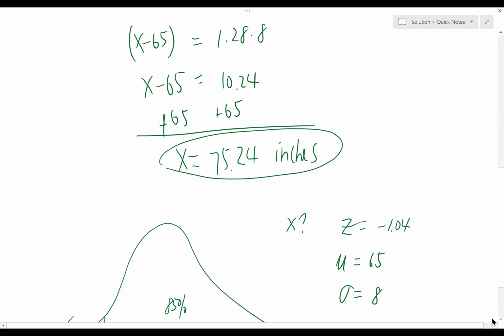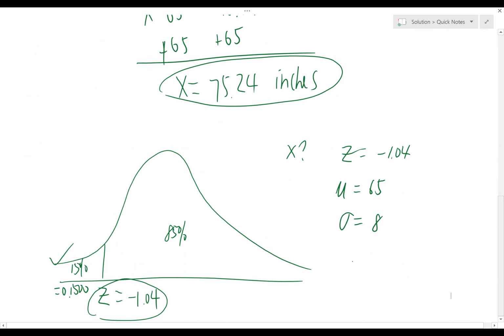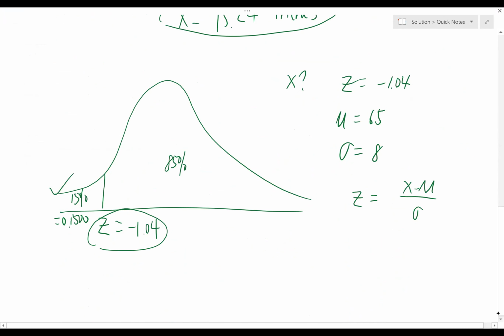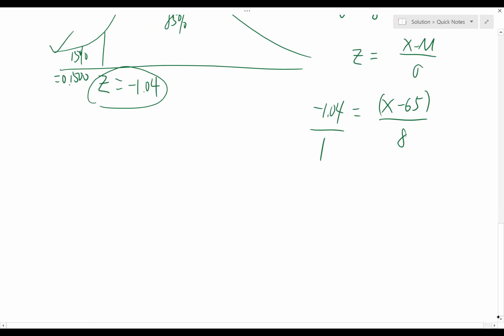Now, throw it into the formula to look for the X value. We have Z-score equal to X minus mu over sigma. Z-score is negative 1.04, X minus 65 over 8. Then we turn it into a proportion, just like the previous one, and cross multiply: X minus 65 equals negative 1.04 times 8, so X minus 65 equals negative 8.32.